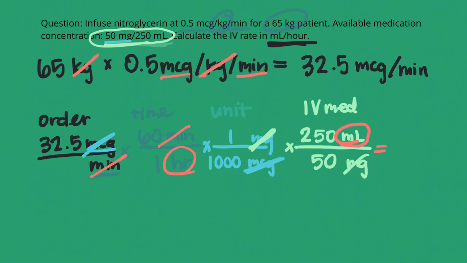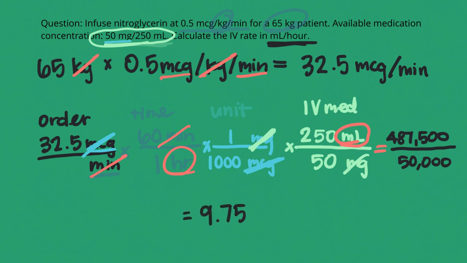That gives us 487,500. And then we look at the bottom. We need to take 1,000 times 1 times 50, which gives us 50,000. And now we can simplify this by doing the math. When you do that, you get 9.75.